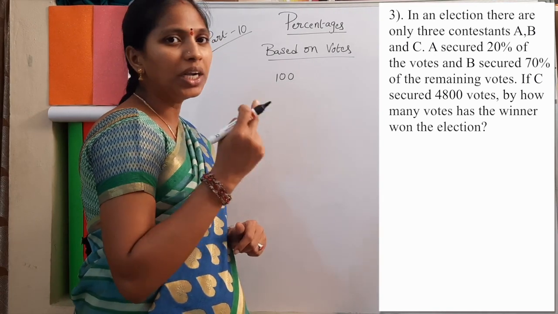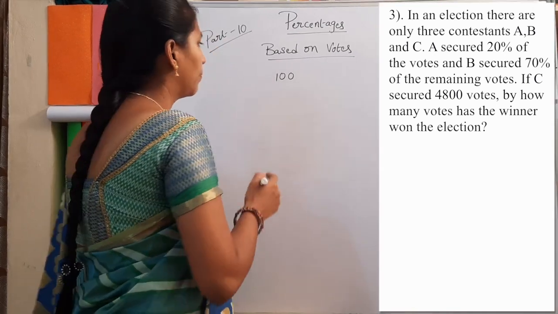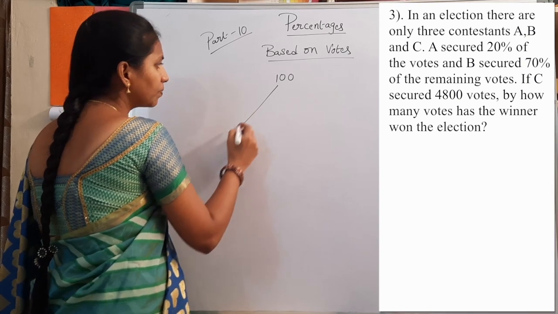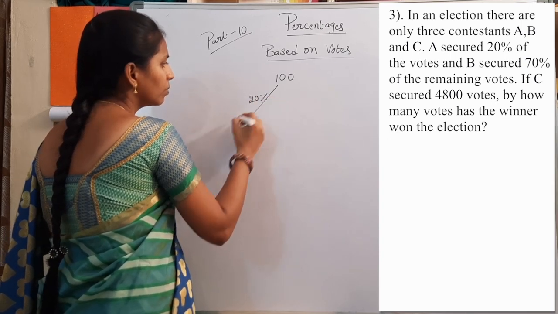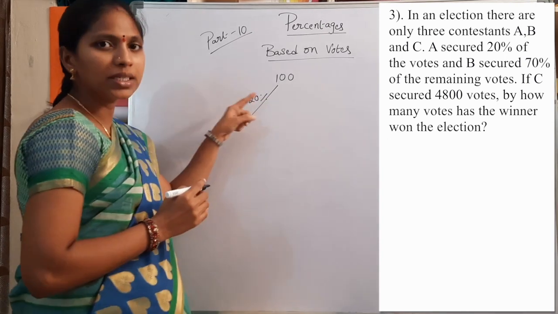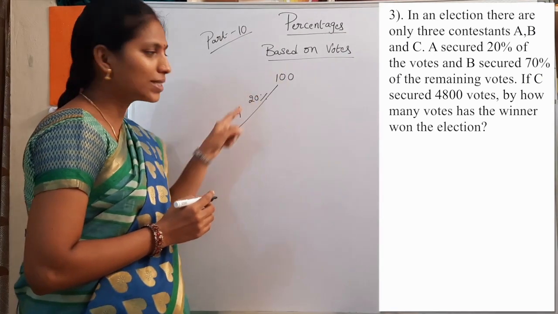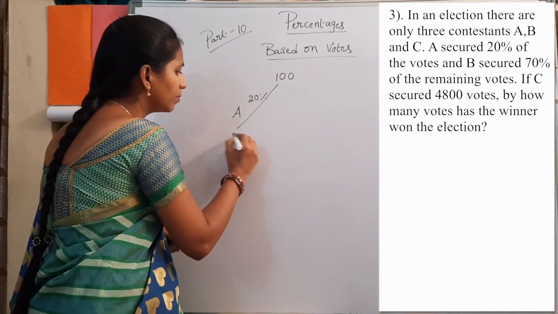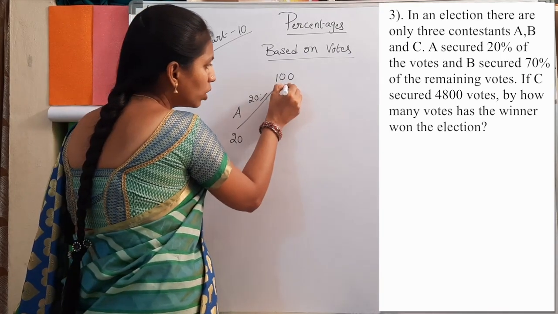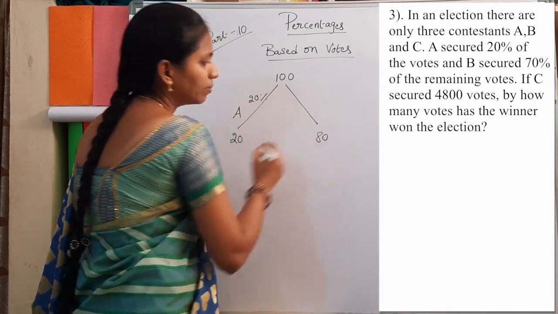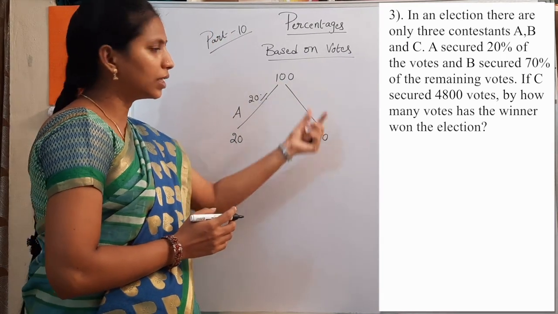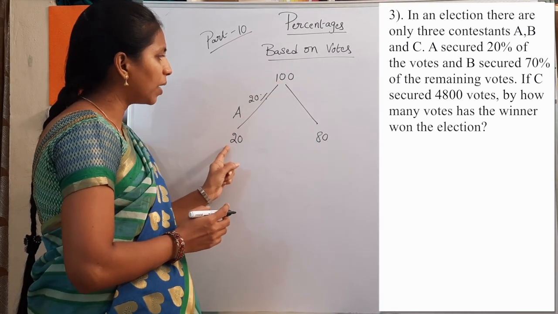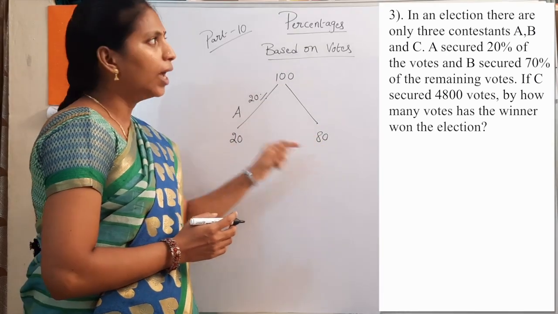There are 3 members A, B and C. A secured 20% of total votes. What is the value? 20. What are the remaining votes? 80. No need to write 80%. Directly see 100 minus 20, the remaining votes are 80.